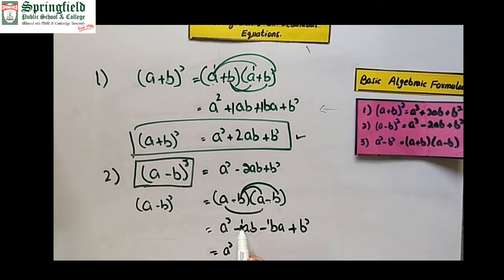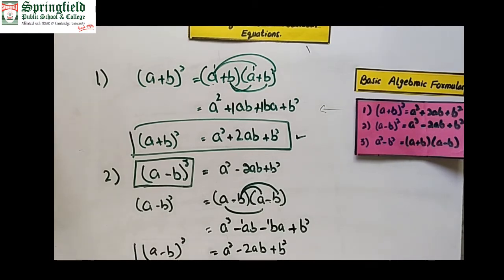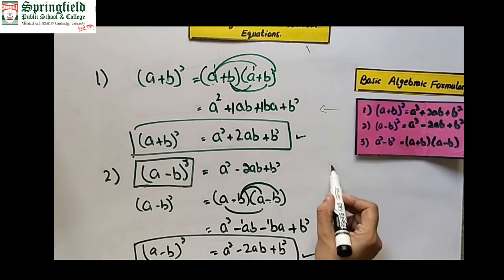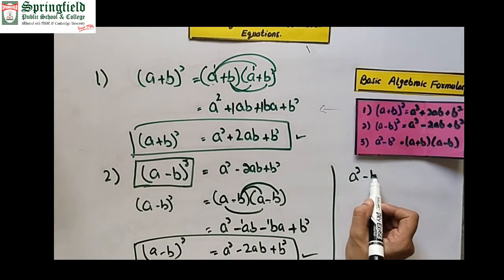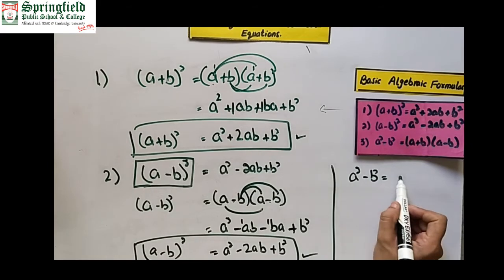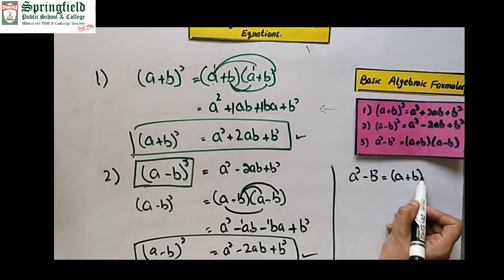So minus 1 plus 1, but the sign will be minus: 2ab plus b square. (a minus b) whole square is equal to a square minus 2ab plus b square. It's proved. Now come to the third one, and the third formula is a square minus b square is equal to (a plus b)(a minus b).